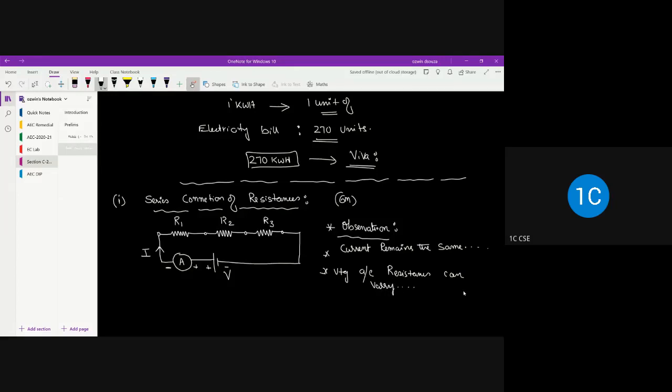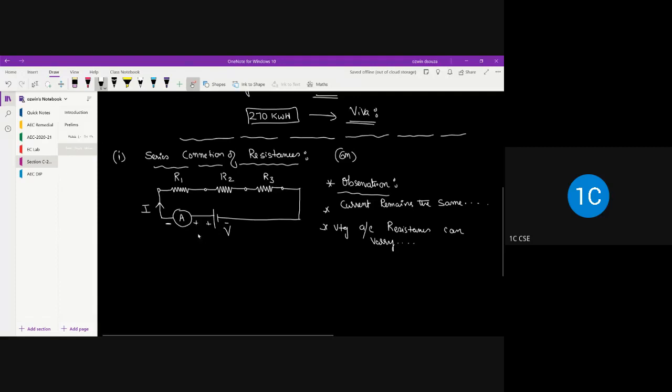I'm just writing this can vary because what if you select equal resistances? If you select the equal value, the voltage drop remains the same. But nevertheless, in our explanation, we have taken R1, R2, and R3, unequal resistances. So voltage across the resistance can vary.